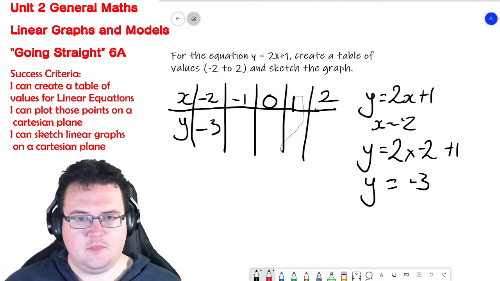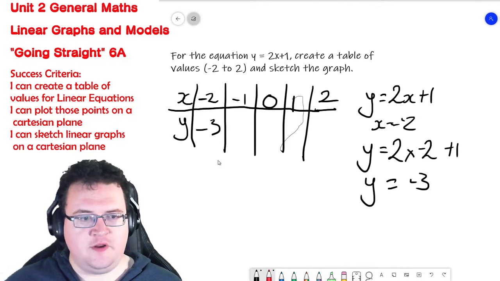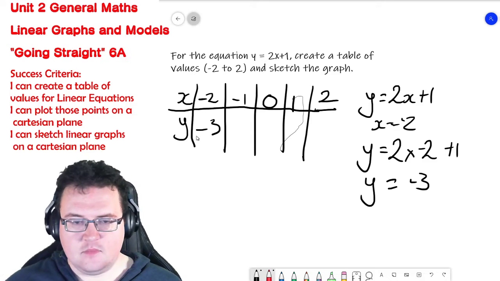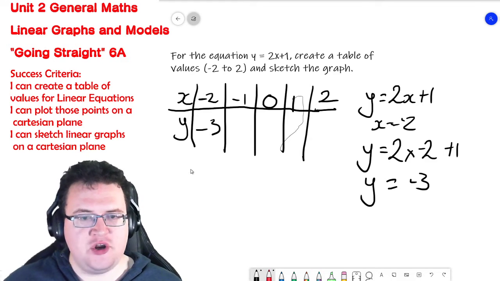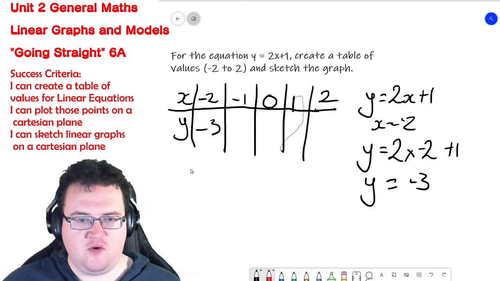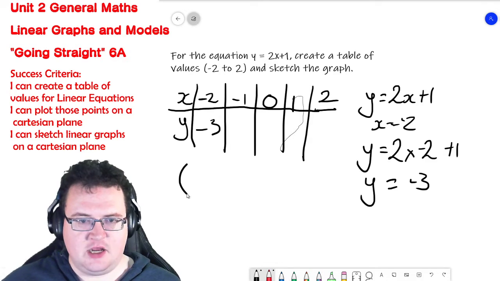This creates an ordered pair, a set of coordinates that I'm going to plot onto my graph. So the coordinates are going to be -2, -3.